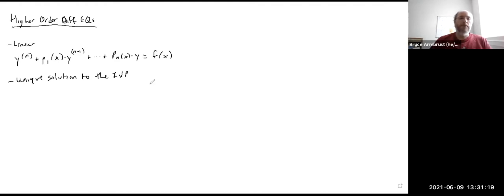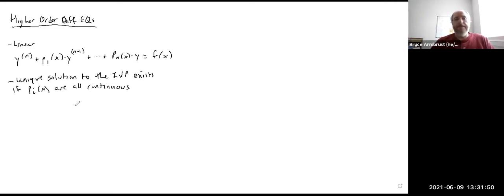A unique solution to the initial value problem exists if the p sub i of x are all continuous. And this is a little shorthand, because of course we know it had to be continuous on an interval that contained the point where we were, our initial value and so on. But you know what I mean here.